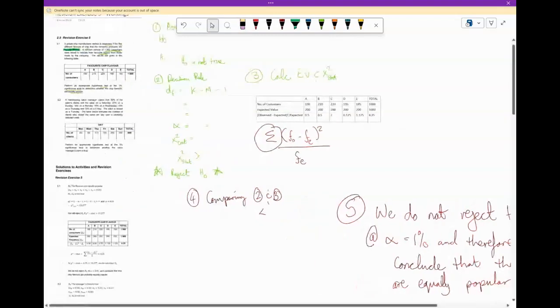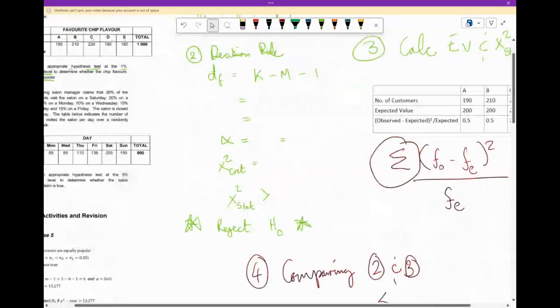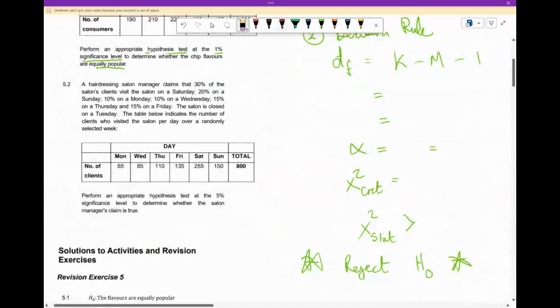Okay, right. So with question 5.2, let's see what's going on there. Here they're saying, a hairdresser salon manager claims 30% of clients visit the salon on Saturday, 20% on Sunday, 10% on Monday, 10% on Wednesday, 15% on Thursday, and 15% on Friday.